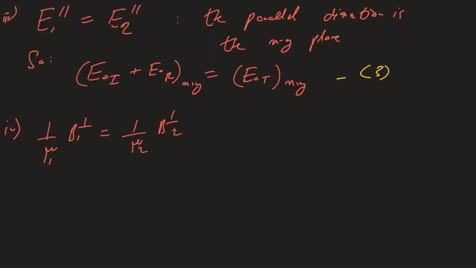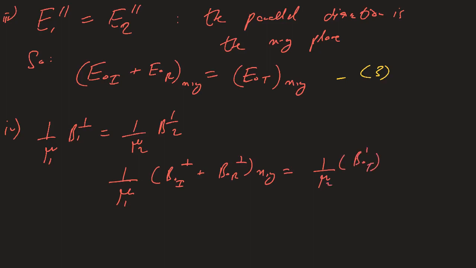So this just means that 1 over mu1 times B naught incident perpendicular plus B naught reflected perpendicular xy is equal to 1 over mu2 times B naught transmitted perpendicular along the xy plane.